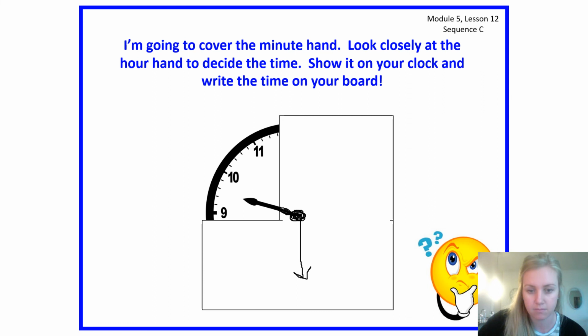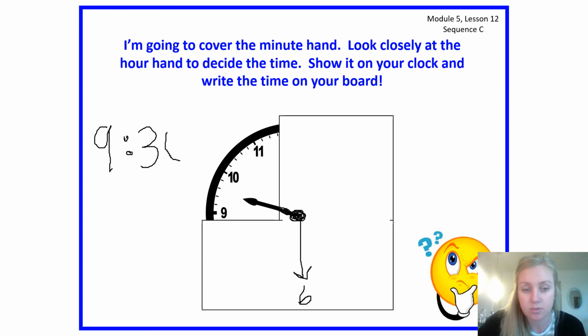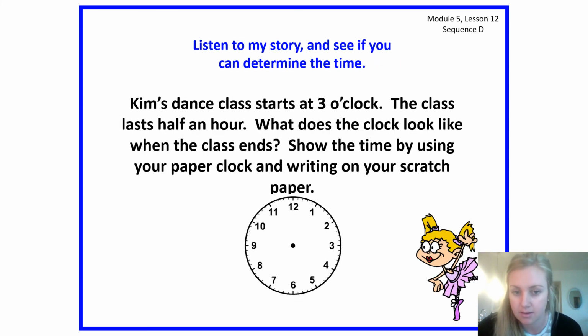Three, 2, 1. Your clock should look something like mine. So I know that it's 9 because it hasn't made it all the way to the 10 yet. And if it's pointing straight down to the 6, we know it's 30 minutes or 9:30.